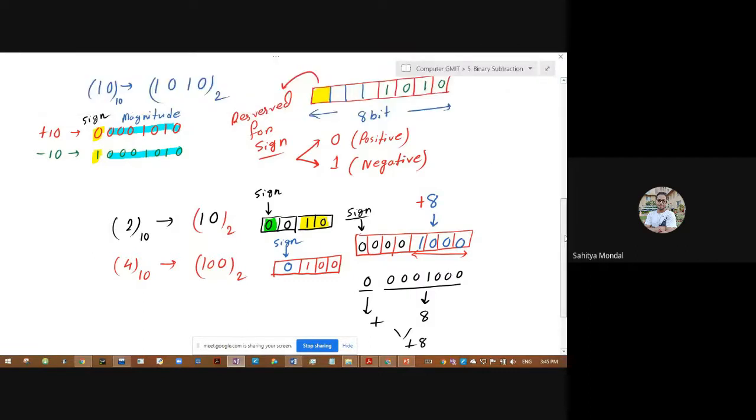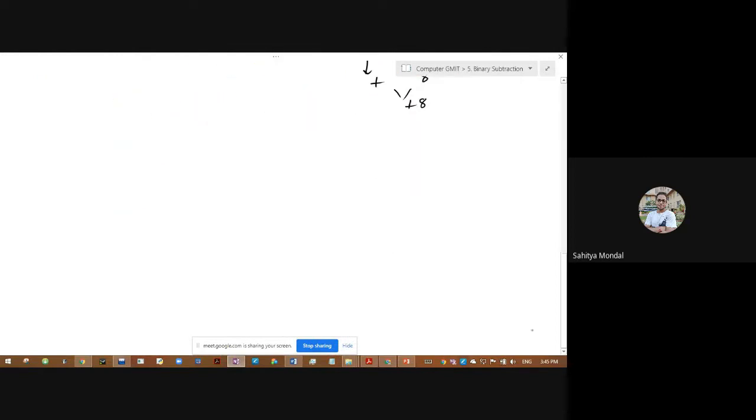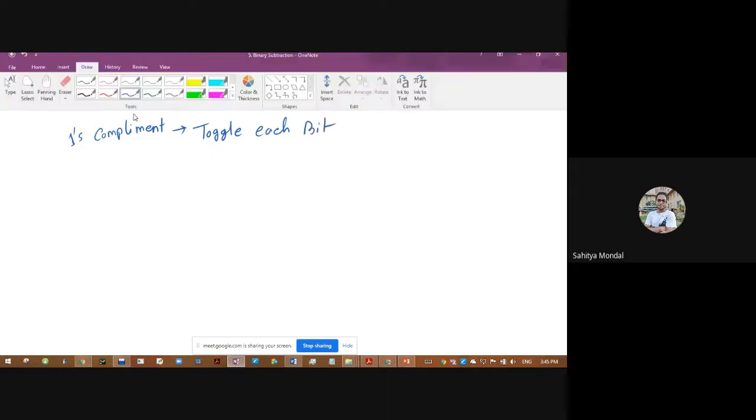Next part comes to the ones complement. Ones complement is nothing but toggle each bit. What do you mean by toggling?